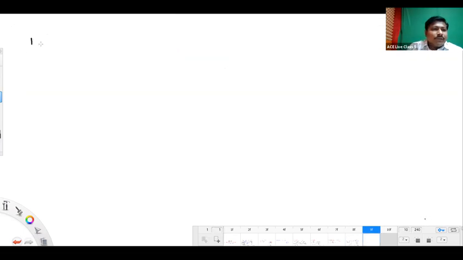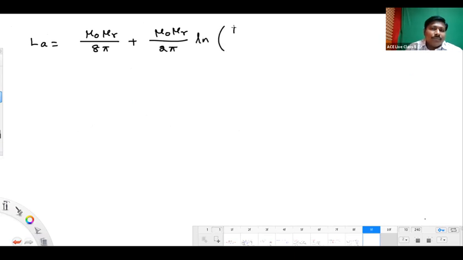So LA is equal to L internal, mu naught mu r by 8 pi, plus L external, mu naught mu r by 2 pi natural logarithm of (d minus r2) by r1. Units are Henry by meter. The first mu r is for the conductor and the second mu r is for air.